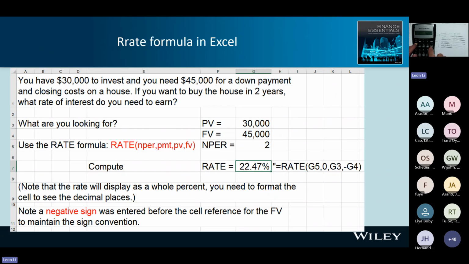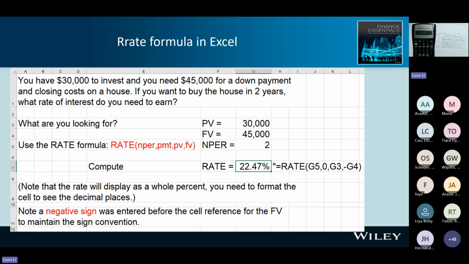So I clear the data before I do any calculation, right? Then you can see 45,000. This is our future value, all right? Then 30,000.